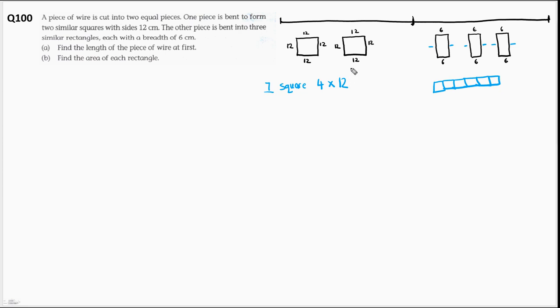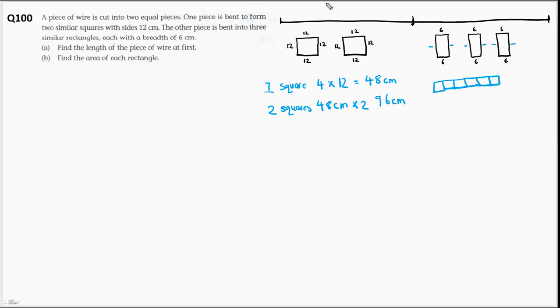And what's 4 times 12? That equals 48 centimeters worth of wire. And if we've got two squares, well, that's going to be 48 centimeters times 2, which is 96 centimeters.